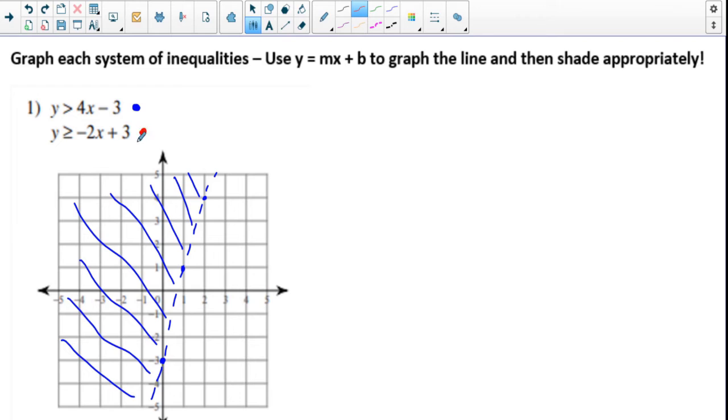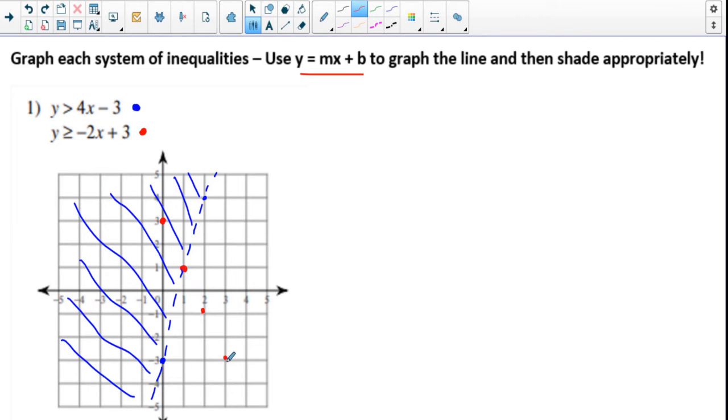So again, I'll use the same thing, y equals mx plus b, the slope-intercept form. Here the y-intercept is 3, positive 3 up here. And the slope is a -2, which means I'm counting down 2 over 1, down 2 over 1. Just like that. You can see they intersect right here at that dot.